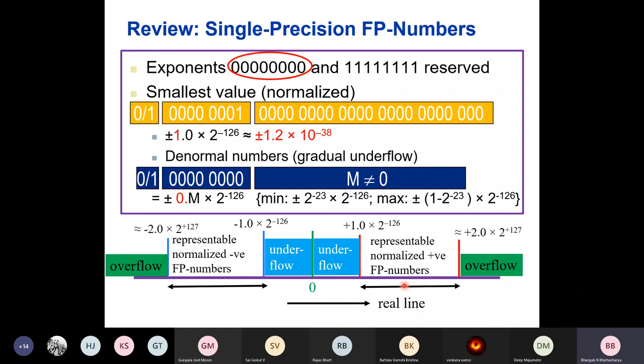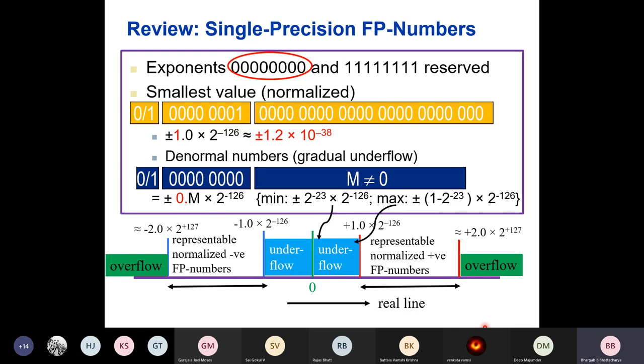Therefore, the underflow limit becomes closer to 0. This boundary would approach here, and because the minimum is still less, the zone of underflow, if you consider denormal numbers, would be smaller. These two boundaries become close to each other. Do you understand that? This is what are called denormal numbers.